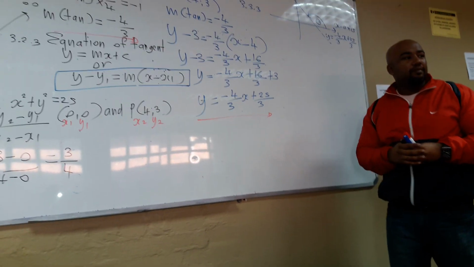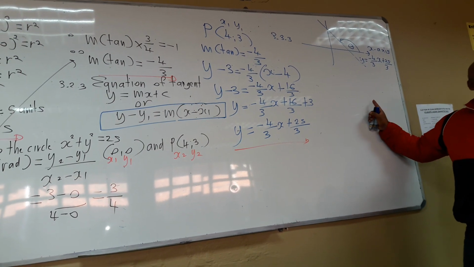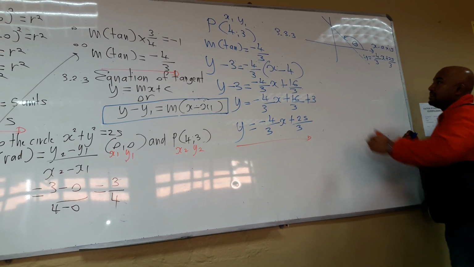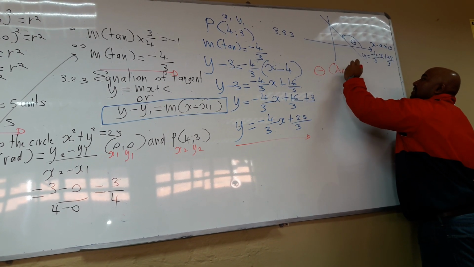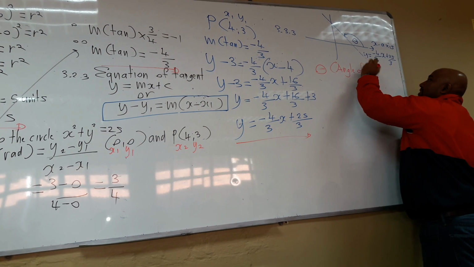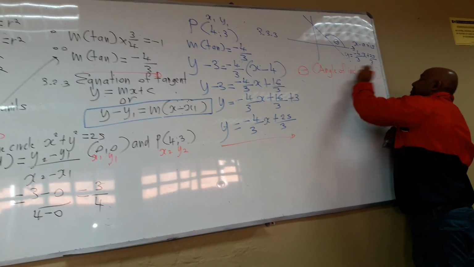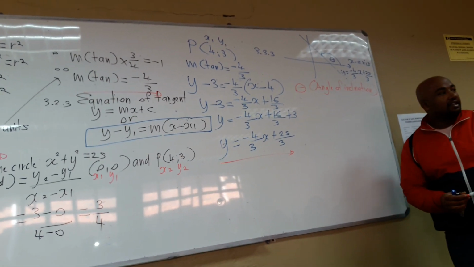What is that special name that we give to the angle? An angle measured from the positive x-axis to the line is called the angle of inclination.